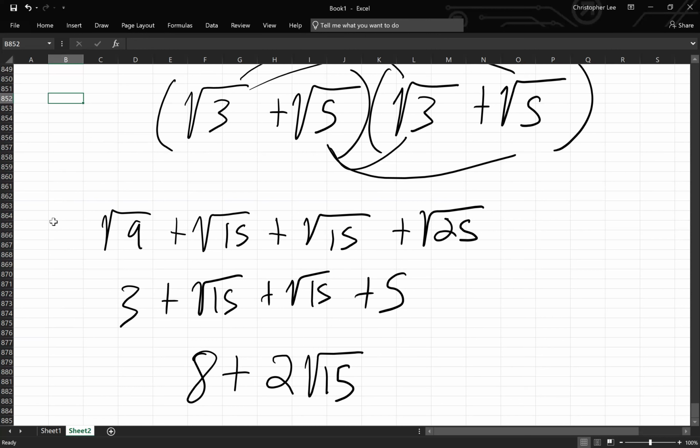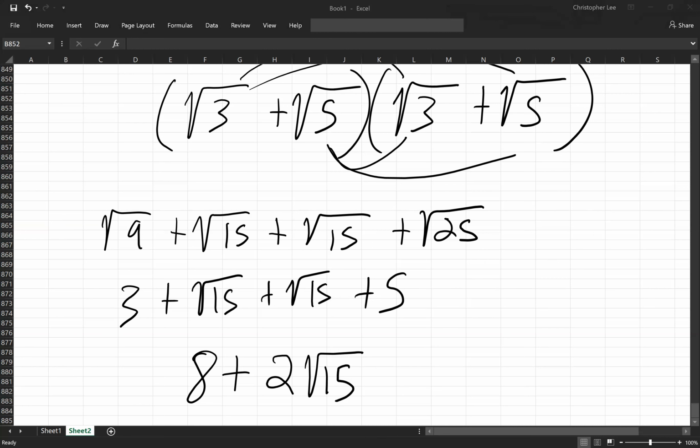Because the square root of 15 can't get broken down, so we just add it. That's it. 8 plus 2 square root 15. Nothing else to do there.